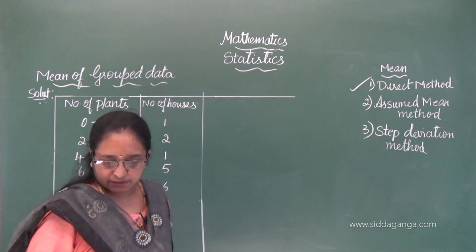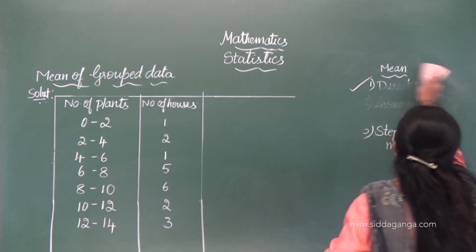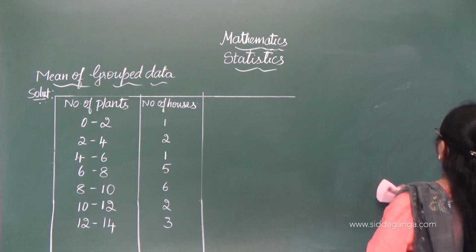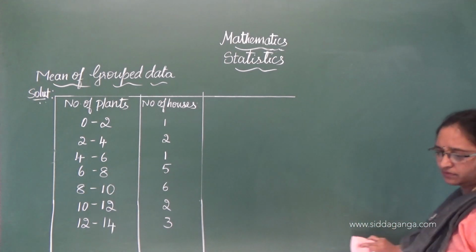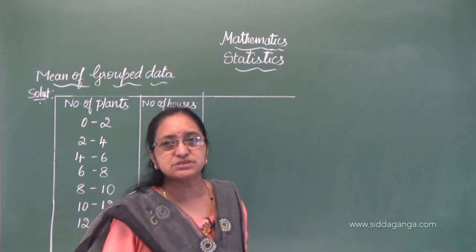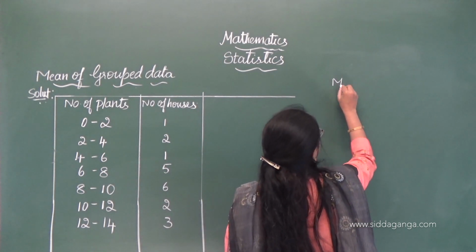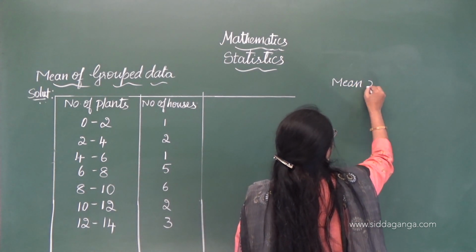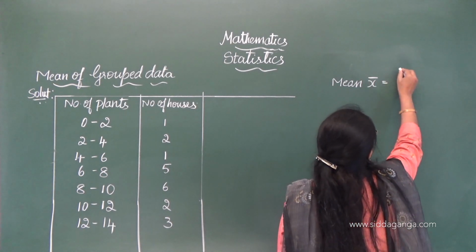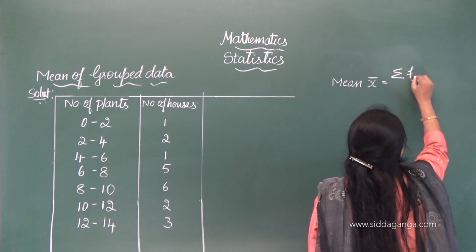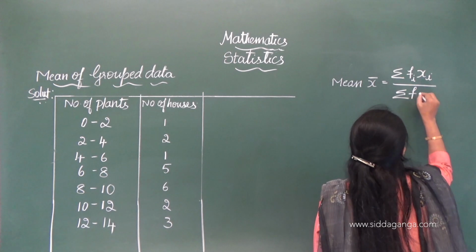I hope you can recall the formula which I told you yesterday in the class. We had calculated one example also of the 10 students' marks. So, mean x bar is equal to sigma Fi xi divided by sigma Fi.